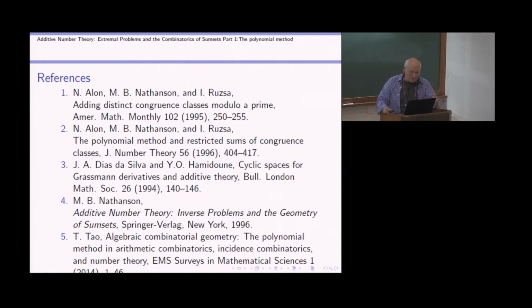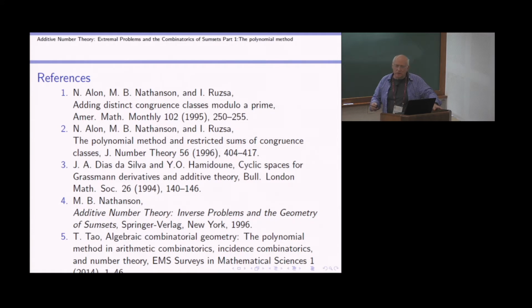Now, let me make a couple of bibliographical notes. These are the two papers of Alon, Nathanson, Ruzsa, and myself from 25 years ago. And of course, the Erdos-Heilbronn conjecture and the result of Dias da Silva and Hamidoune applied not just to the case when you're adding a set to itself, not just two-fold sums, but also to h-fold sums.